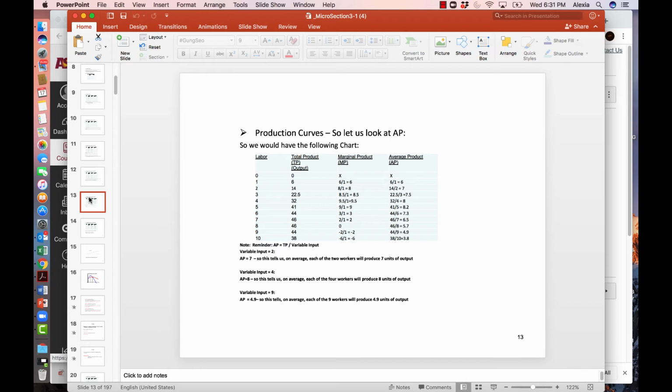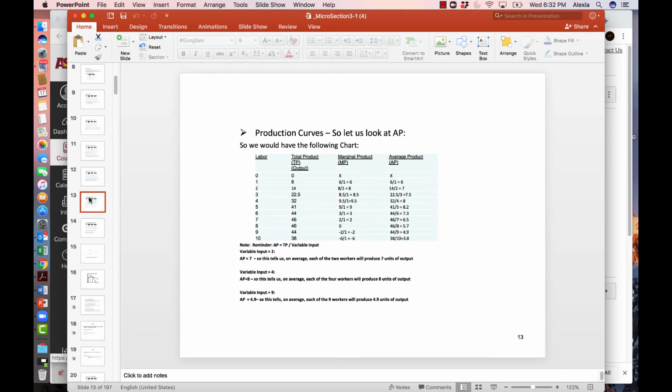And then we have this idea of average, because averages are an important idea too. You always have to preface it with the words on average, because it isn't exact. This tells us on average what each worker produces.